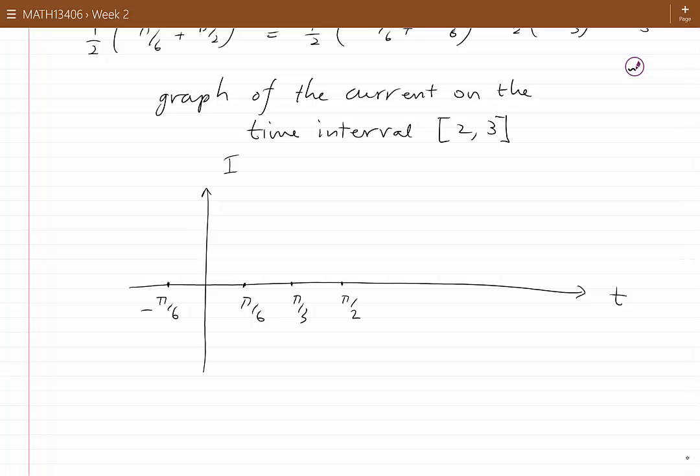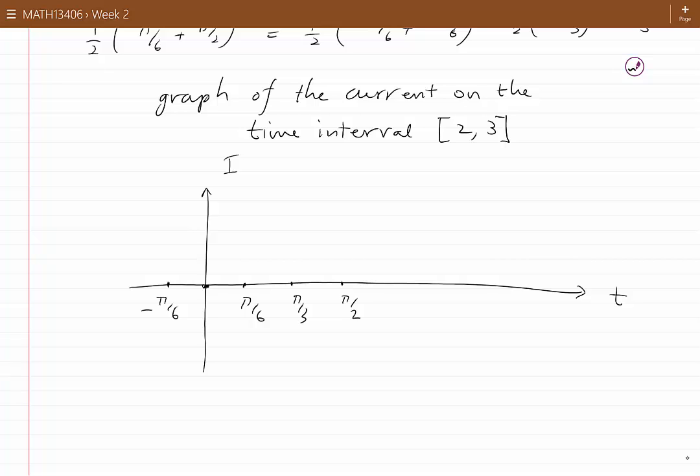Note that the distance between all these, and of course 0, and there are 5 points of interest, and the distance between any two successive points is pi by 6, which is a quarter of the total period.